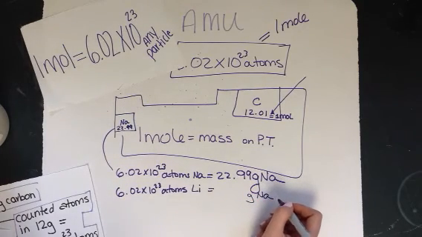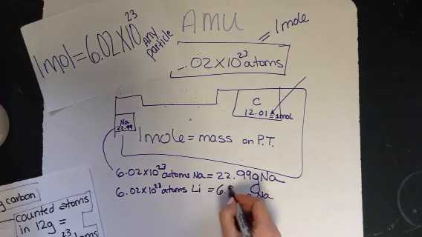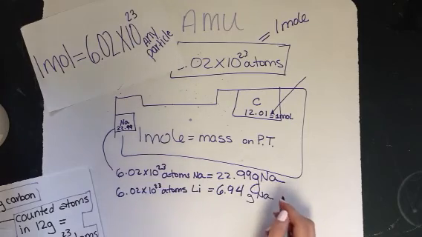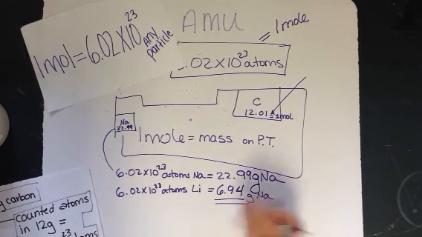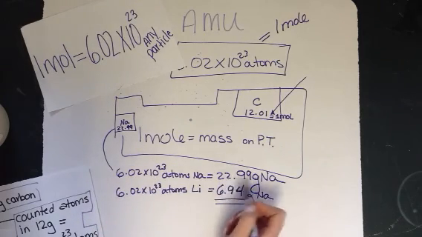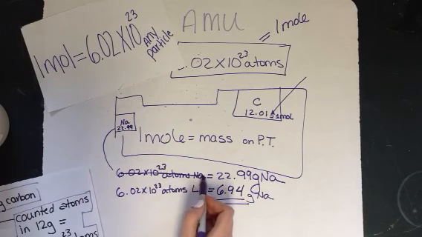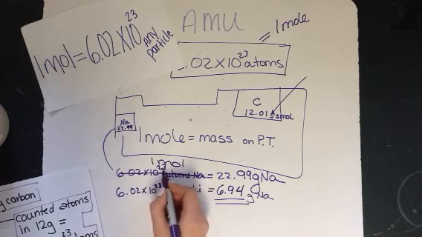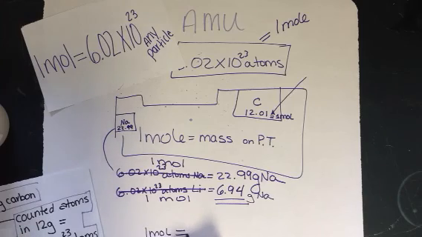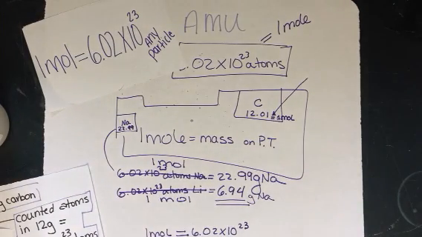If you look up lithium's mass on the periodic table, it's 6.94 grams. I could do that for any atom. So that mass you see is a sample. Now, instead of saying 6.02 times 10 to the 23rd atoms is equal to that, I can also just call that 1 mole. 1 mole is equal to that mass. And that's your relationship between moles, mass, and atoms.